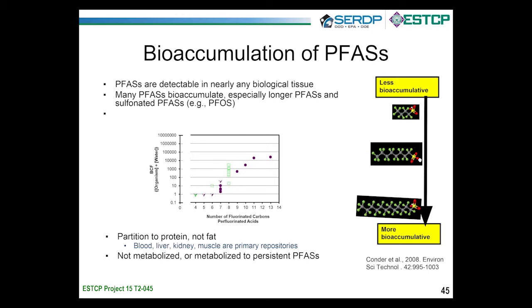And the sulfonated forms like PFOS were also more bioaccumulative. What's interesting about these compounds from an environmental toxicology and fate perspective is they tend to partition to proteins in biological systems. I deal a lot with hydrophobic compounds like PCBs, PAHs, and TPH.